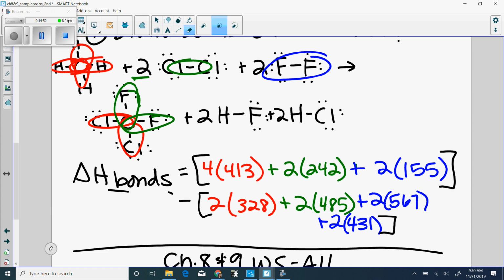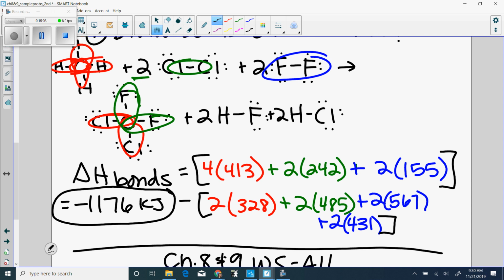And then push your buttons when you're ready. What did you get? Negative 1176.